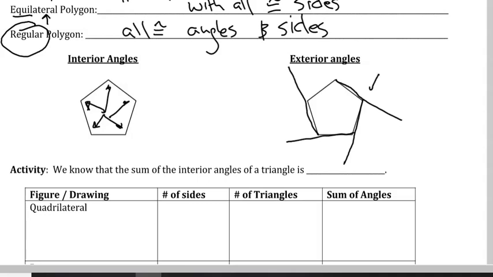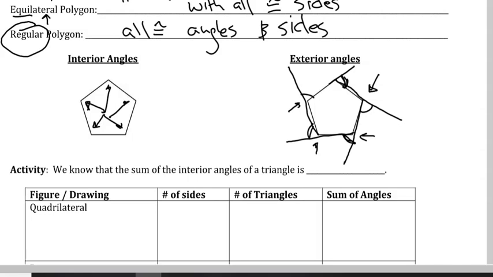On each one of these, you will have a straight angle, and then you will have the exterior angle. So basically, it's the angle outside if you extend out a side, and we're not talking about the straight angle. It's the other one. That would be considered an exterior angle.